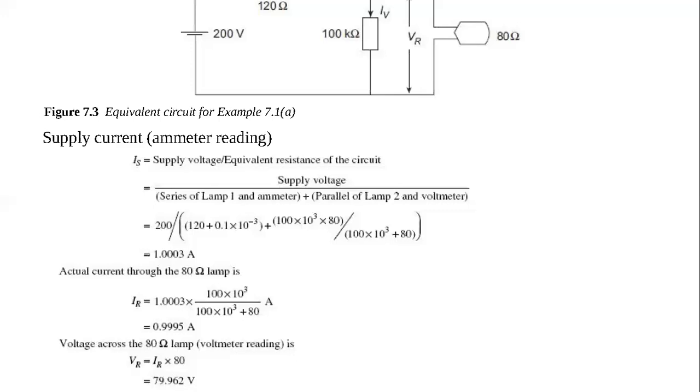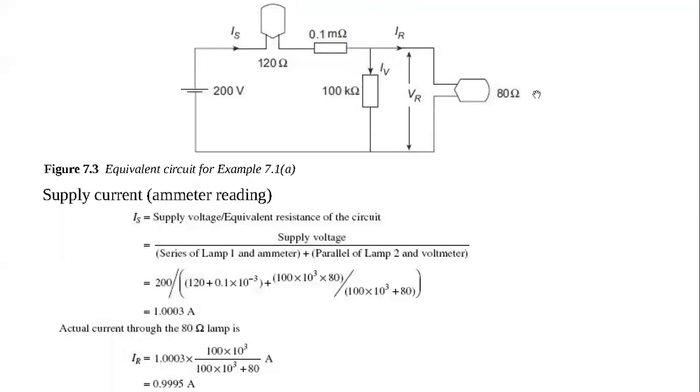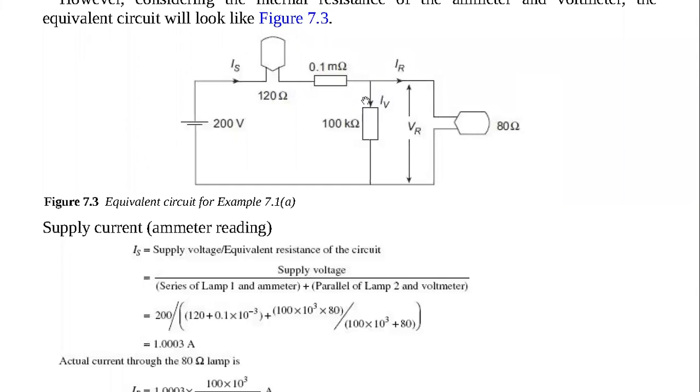So with that in mind, we can now calculate the current through the 80 ohm lamp. For this one, we are just going to use the current divider rule. We are going to see how the current divides as per Kirchhoff's current law, that is the KCL.